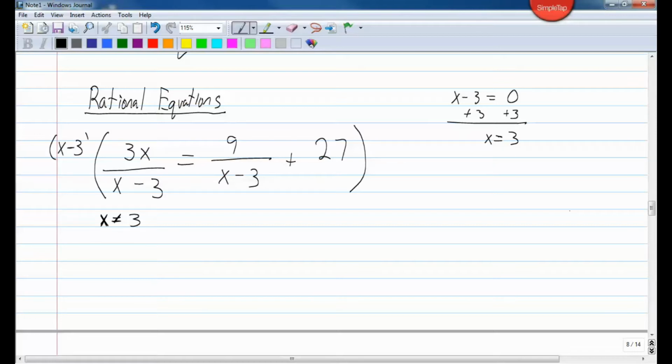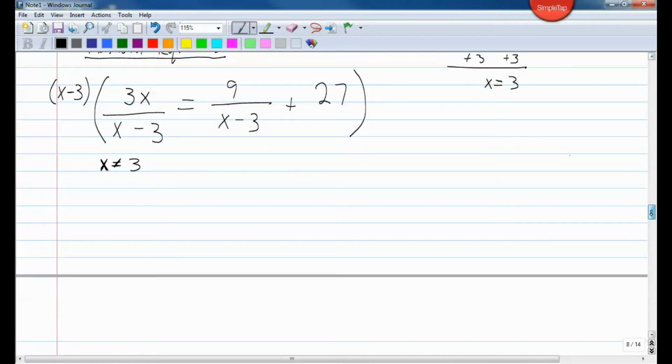Now, the way that I like to do this is I like to write it all out, just like I did on the previous problems. All right, so if I write this all out, I don't skip any steps, I'm going to have x minus 3 times 3x all over x minus 3. So I'm multiplying x minus 3 times the first term equals, now you can write the x minus 3 in front of the numerator or behind the numerator, as long as you put the previous numerator in parentheses.